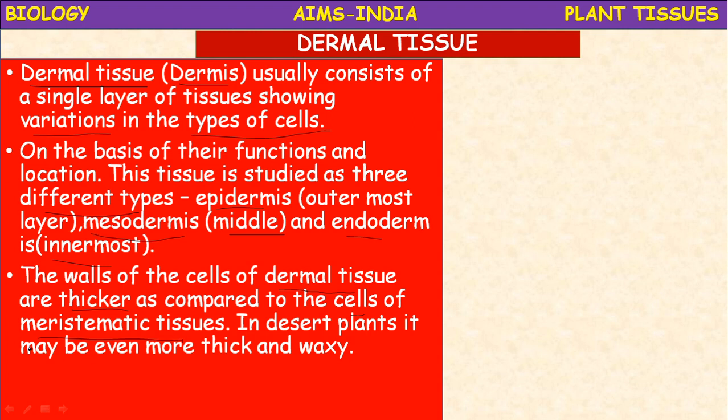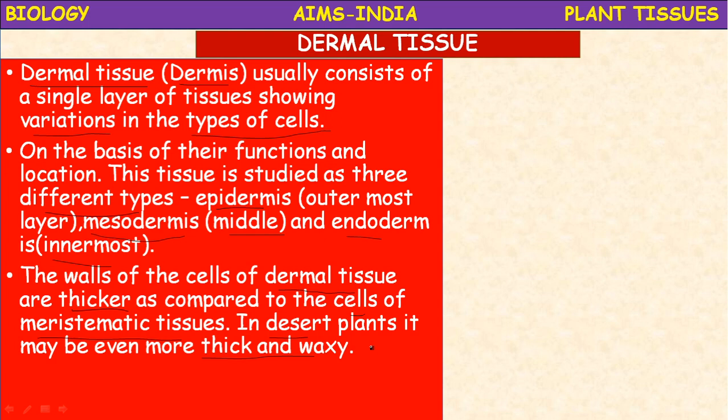Compared to meristematic tissue, the walls of dermal tissues are very thick, and in desert plants particularly, they are covered by a thick waxy coat called cuticle. Whenever we are comparing a tissue, we have to consider all parts of the plant. The dermal tissue is present in the roots, stem, leaves and other parts of the plant.